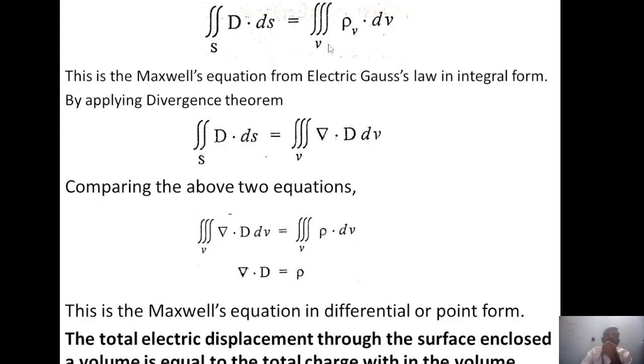This is the integral form of Maxwell's equation from electric Gauss law. By applying the divergence theorem to the left hand side, we can write the surface integral of D dot ds equal to the volume integral of del dot D into dv. Now equate the right hand sides of these two equations, and you will get del dot D is equal to rho v. This is the point form of Maxwell's equation from electric Gauss law.